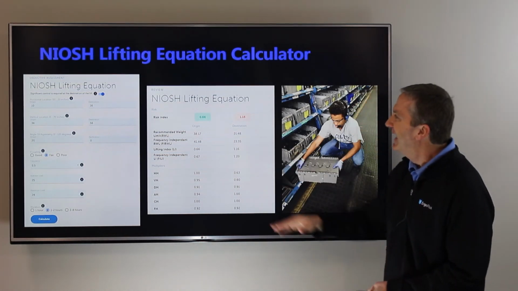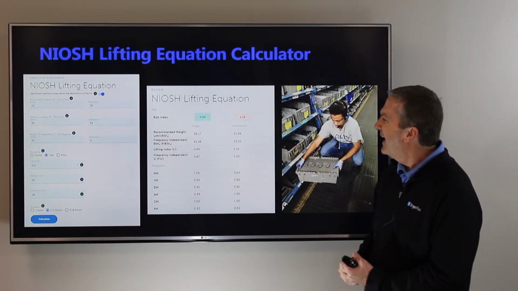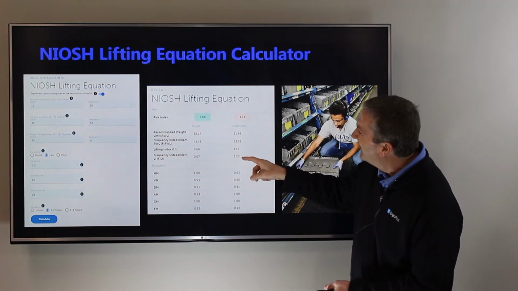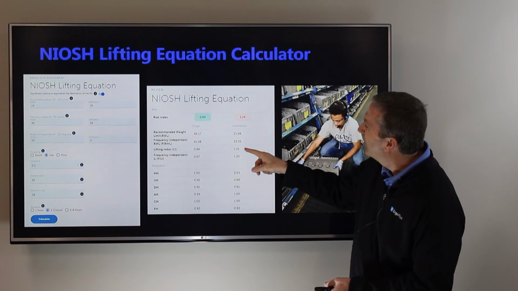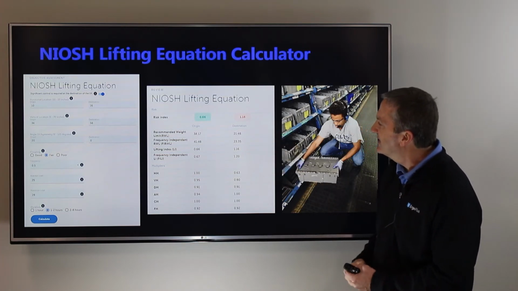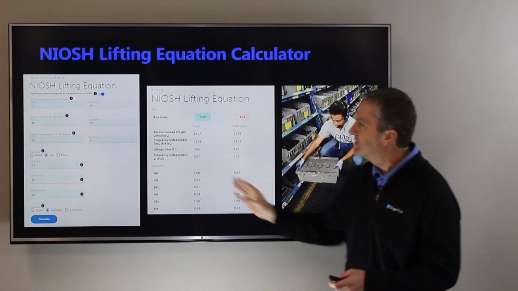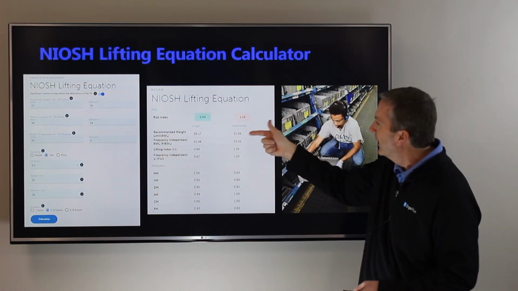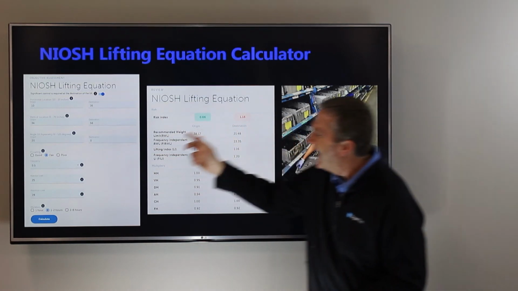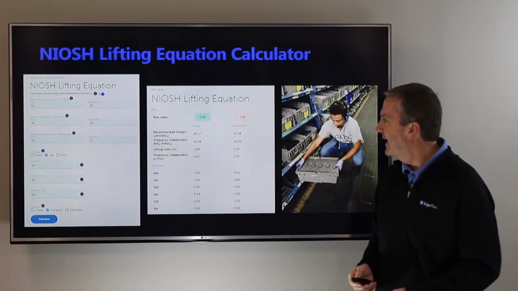Gives us a green light. However, at the destination, we have a lifting index of 1.16. That's because the recommended weight limit for the task, based on the task variables that we input over here, is 21.48, and the actual weight exceeds that.